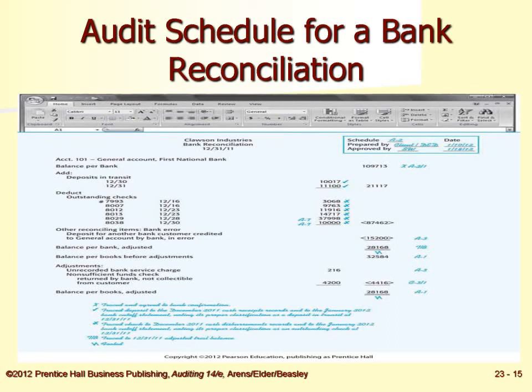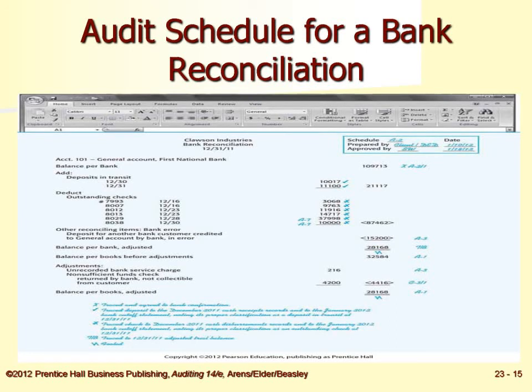Deduct also the other reconciling item, that is bank error, deposit for another bank customer credited to the general account by bank in error.